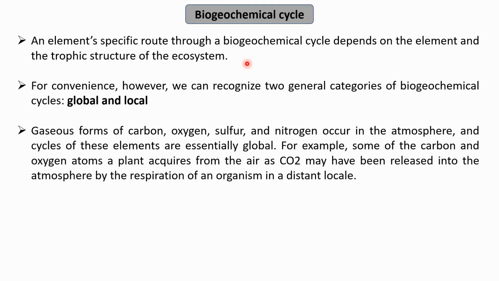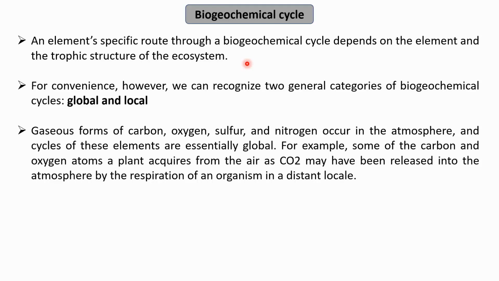For example, some of the carbon and oxygen atoms a plant acquires from the air as carbon dioxide may have been released into the atmosphere by the respiration of an organism in a distant locus. So the recycling of gaseous forms of nutrients is a global form of biogeochemical cycle. It involves the carbon cycle, oxygen cycle, sulfur and nitrogen.